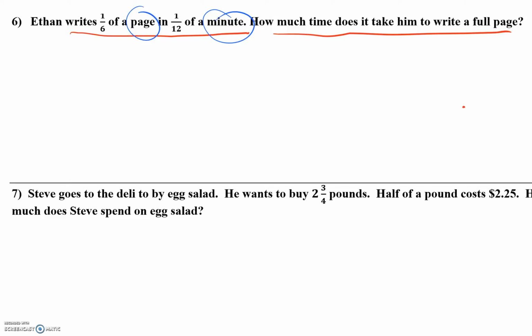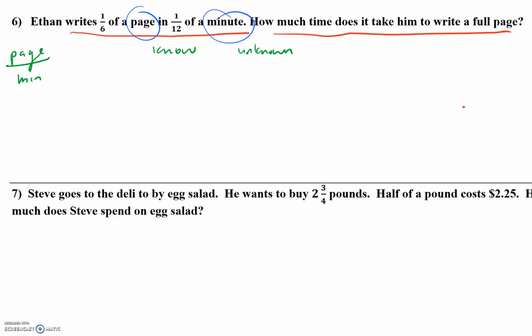It doesn't matter, but I'm going to pick pages over minutes, and throughout our proportion we would have to stick with pages over minutes. On the left side of the proportion we're going to put what we know, and on the right side we're going to put the unknown.